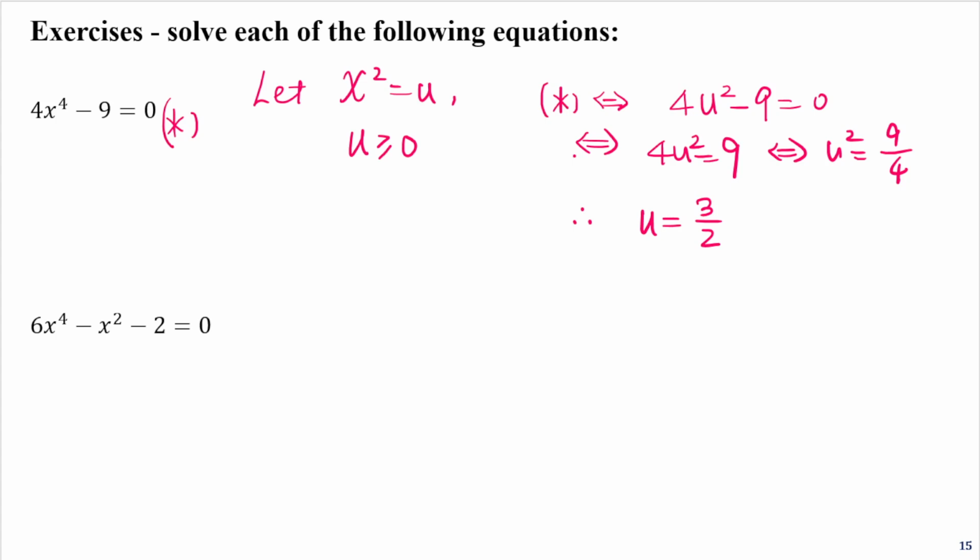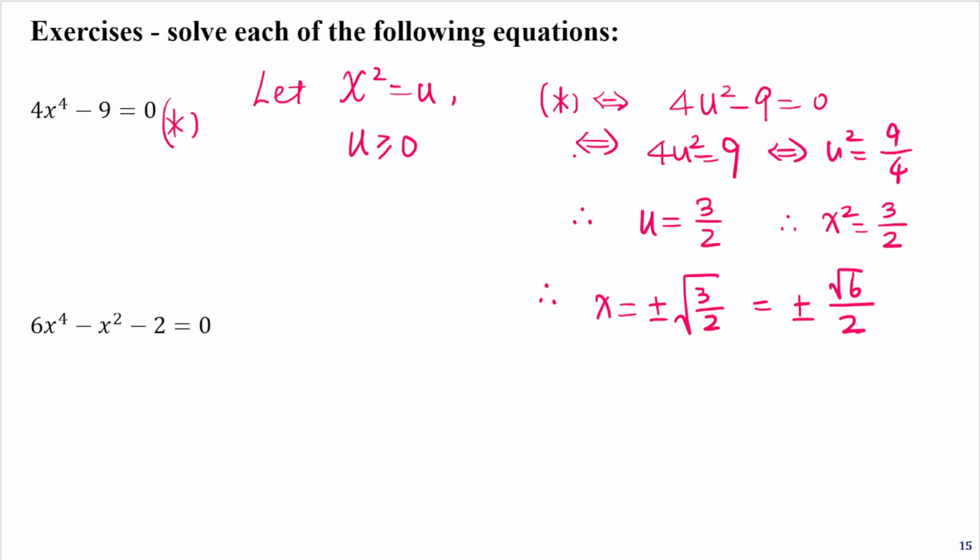And if u equals 3 over 2, that means x squared equals 3 over 2. But x can be any real number, so x can be either positive or negative square root 3 over 2, which equals positive or negative square root 6 over 2, right?